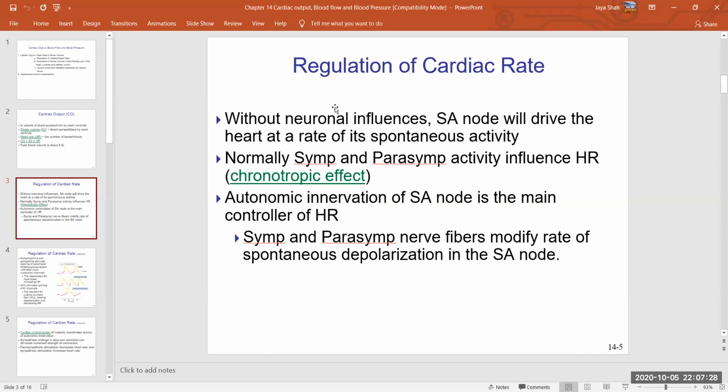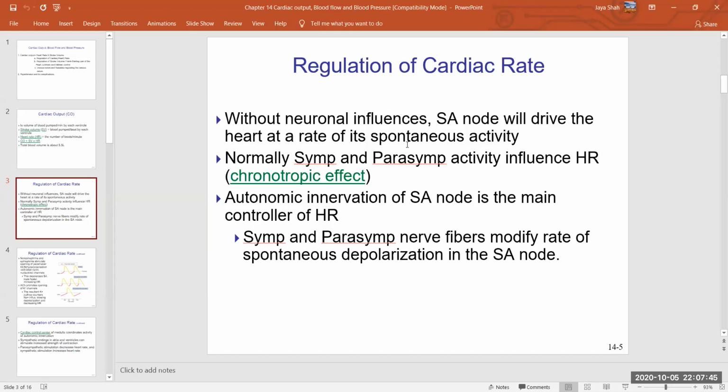So I will go over each component of cardiac output, which is heart rate and stroke volume, and the factors which regulate them. So, regulation of cardiac rate.